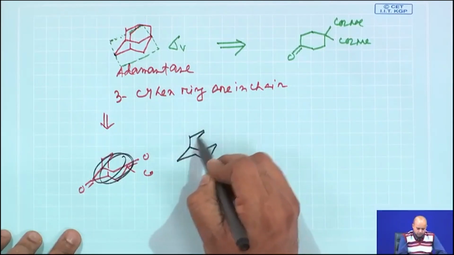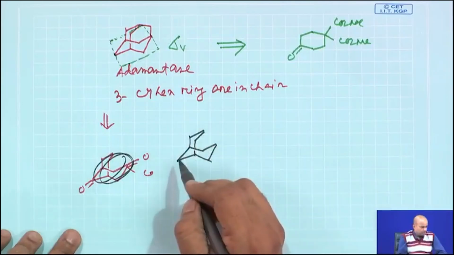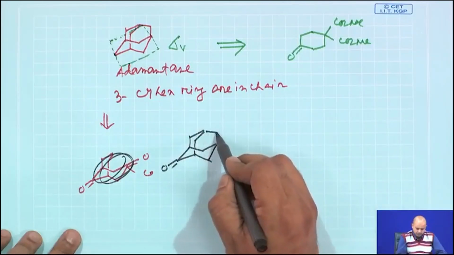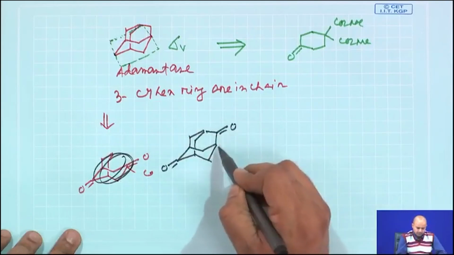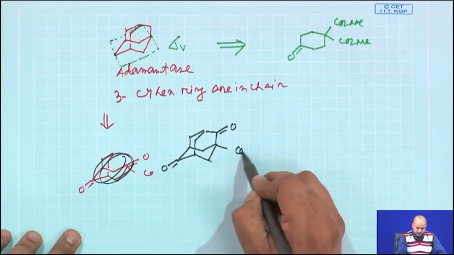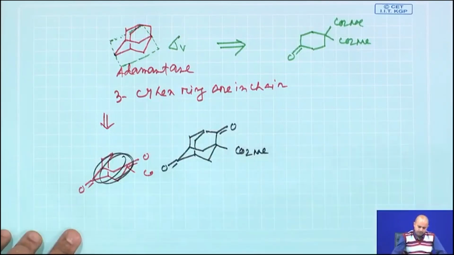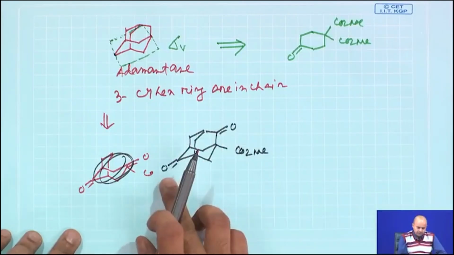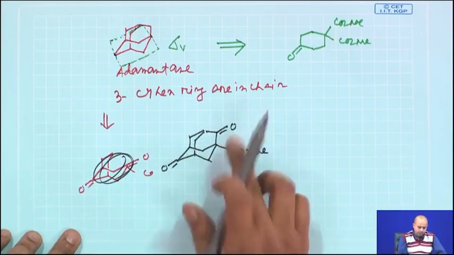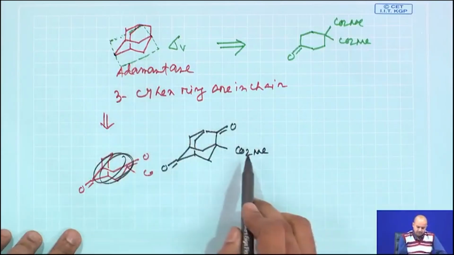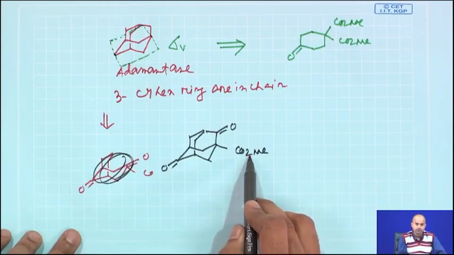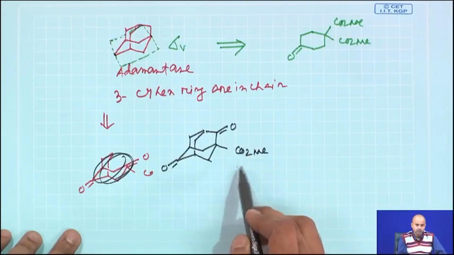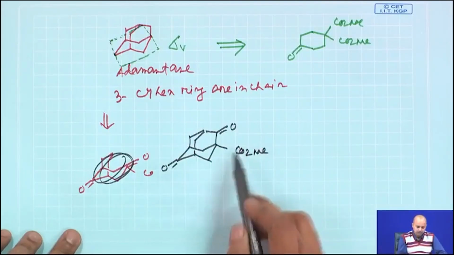We will put a carbonyl group here as well as a carbonyl group here. We say that if you can deoxygenate both the carbonyl groups, you can get the adamantane. Now, this is basically a beta keto ester, which you can easily hydrolyze to get the beta keto acid, which you can heat, which will decarboxylate to give this compound.